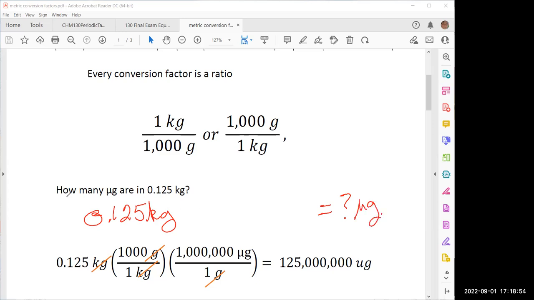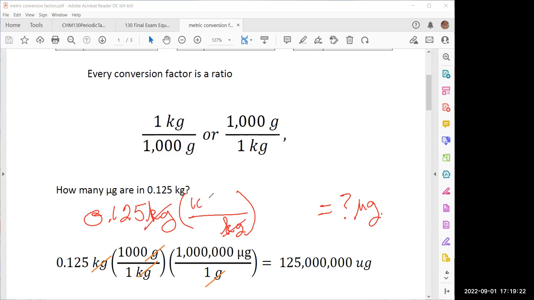Okay, so this gives me a direction of where I need to go with respect to keeping track of my units. Now, using those conversion factors up there, I need to find a factor that has grams and kilograms, with kilograms in the denominator. Why would I want to do that? Because I want to get rid of it when I multiply by this factor.